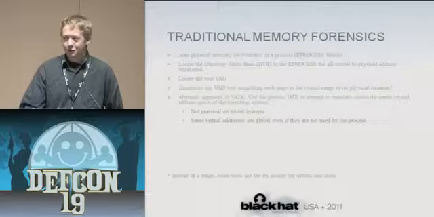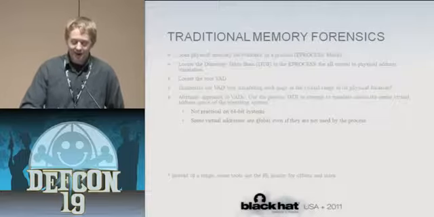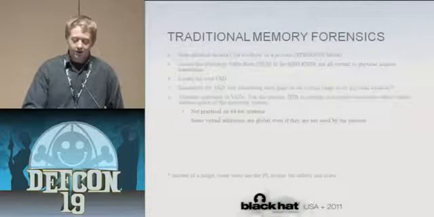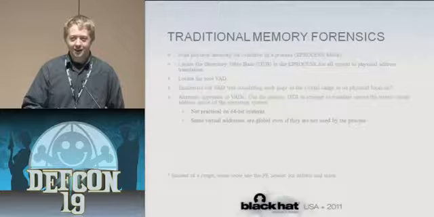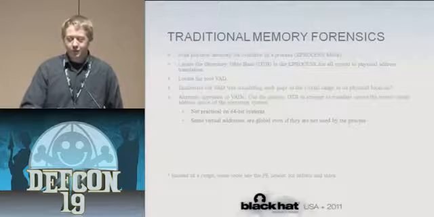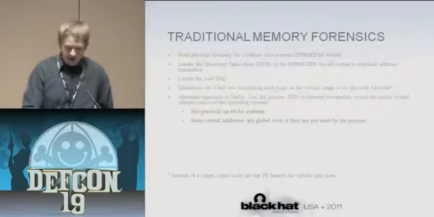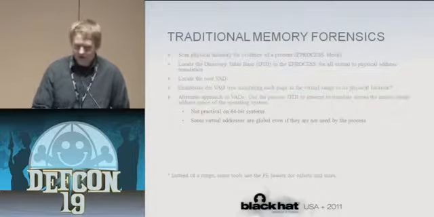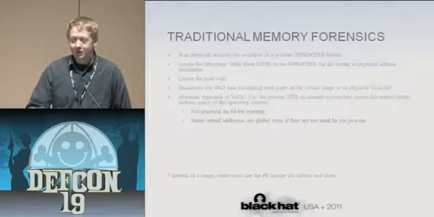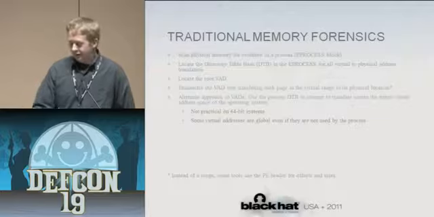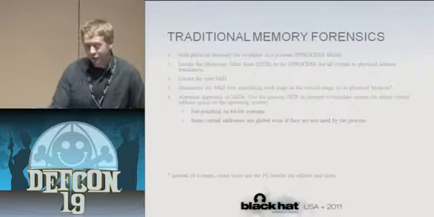But on 64-bit, the size could be enormous. This also leads to some misattribution of the data, because the virtual addresses could translate globally, not particularly for that process. And this leads us to problems in the existing tools being used right now. So with that, I'm going to hand it off to Jamie Butler.